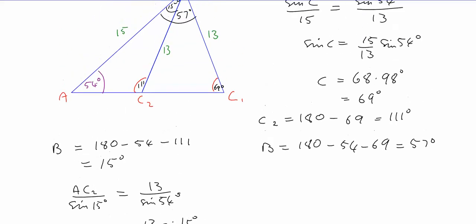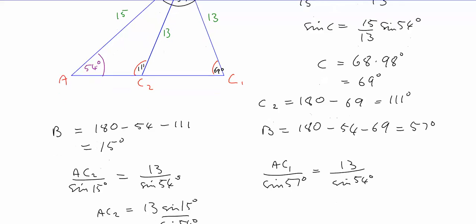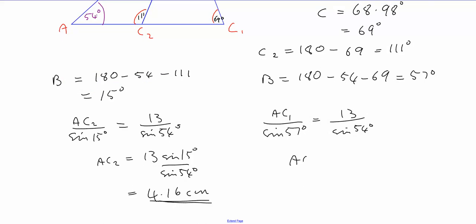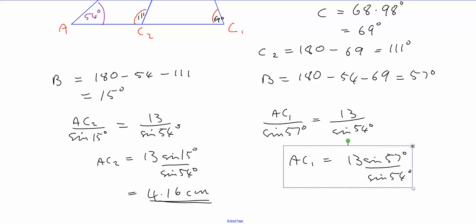And for the larger triangle, AC1 divided by sine 57 degrees is also equal to 13 over sine 54, and rearranging that equation, AC1 is 13 sine 57 over sine 54, giving AC1 equal to 13.5 centimeters to one decimal place.